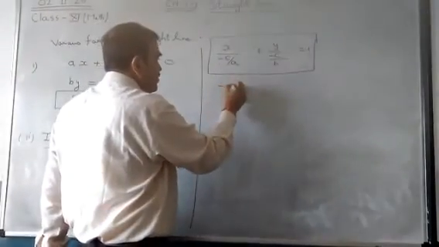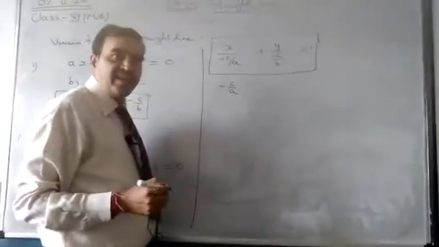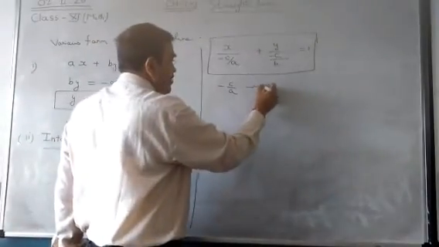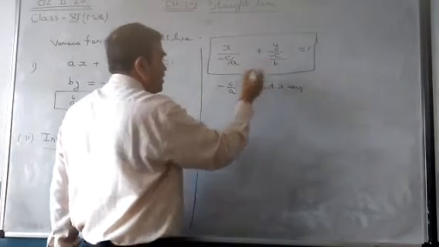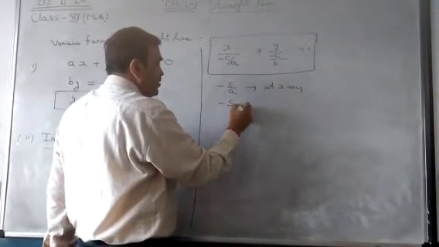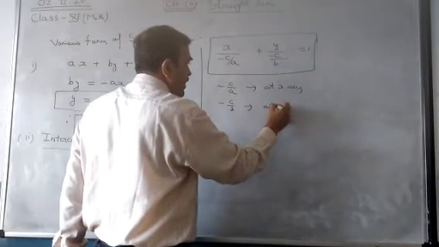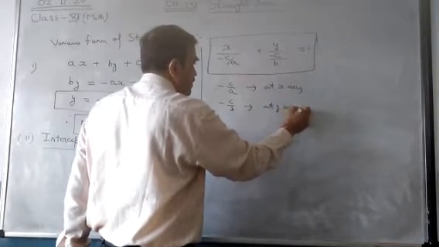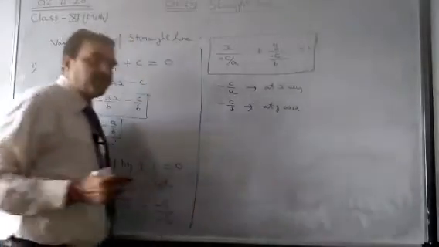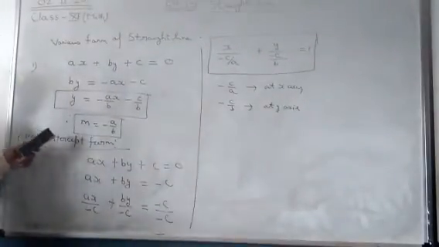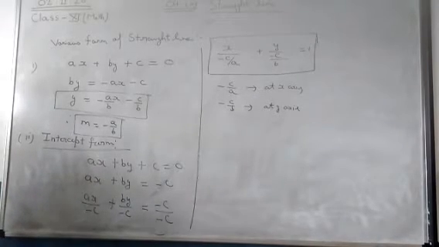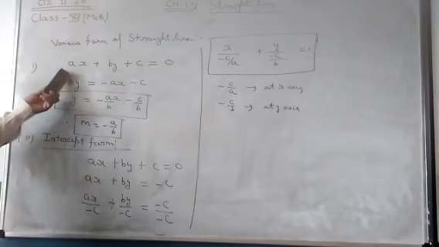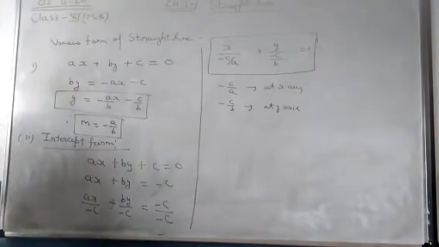Here minus c upon a is the intercept at the x-axis, and minus c upon b is the intercept at the y-axis. So these are the various forms of equation of line converted into the intercept form.